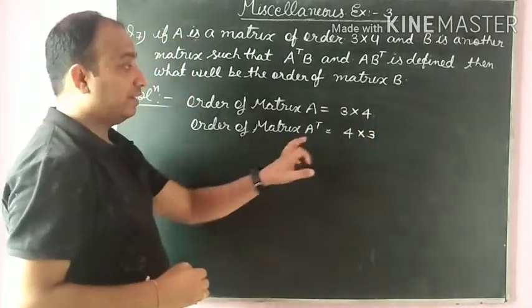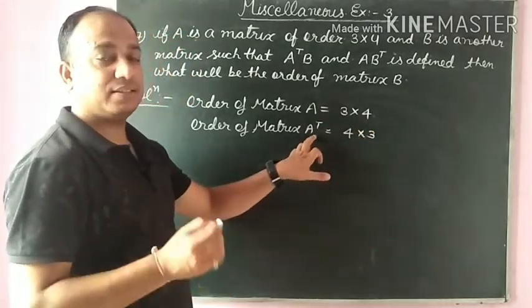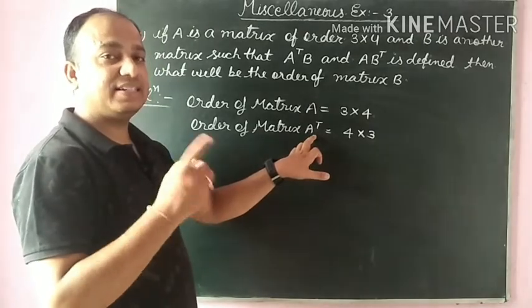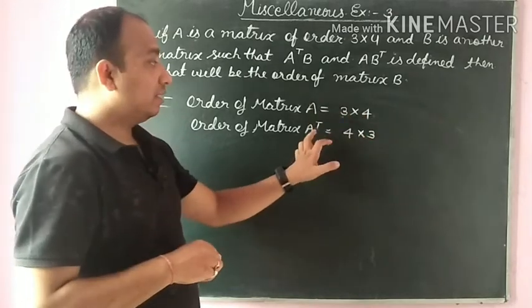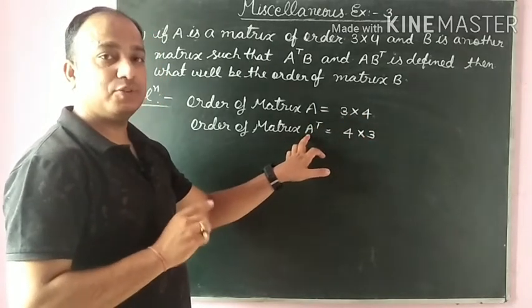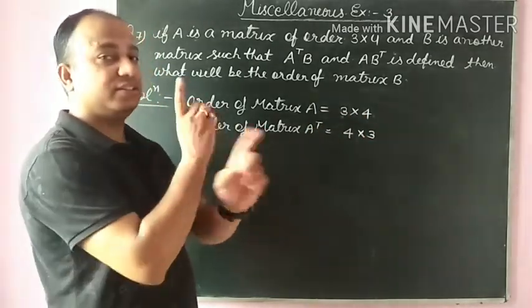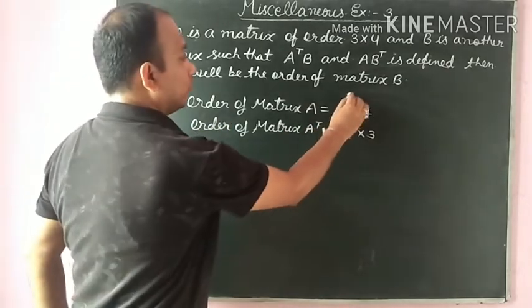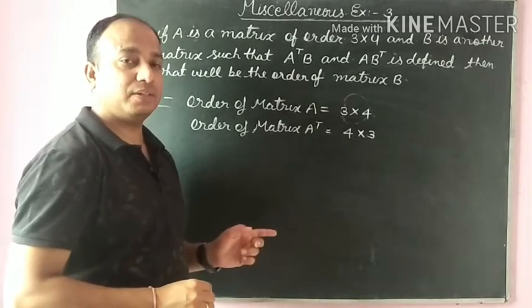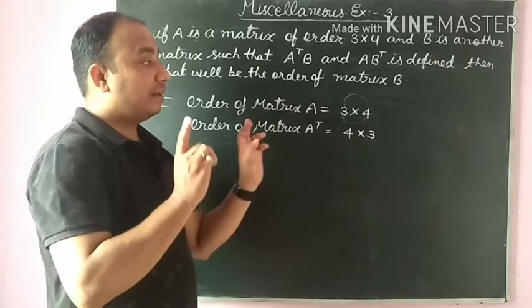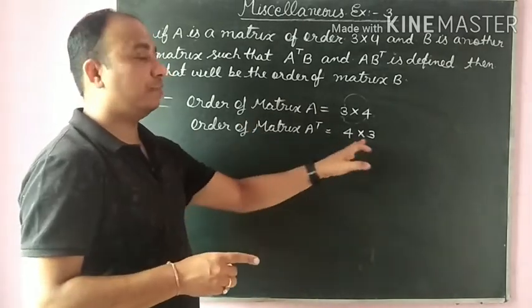You know that the transpose matrix is obtained by interchanging the rows and columns. Rows change into columns and columns into rows. Then the order of the transpose matrix will be 4 by 3.